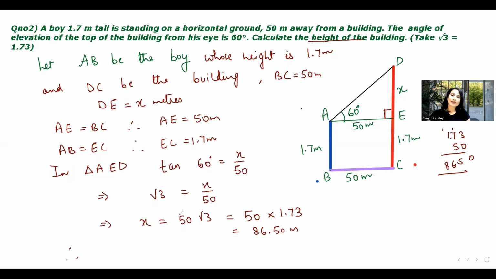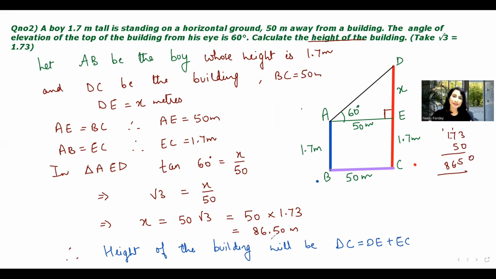So you can write here, therefore the height of the building will be DC is equal to DE plus EC.